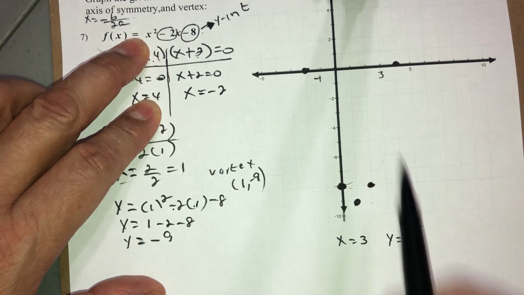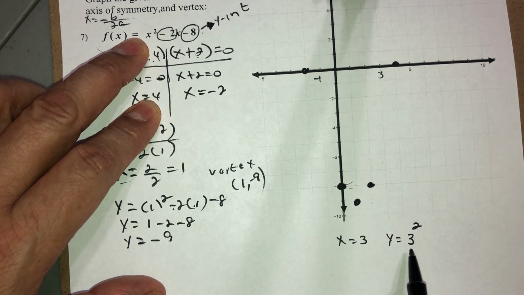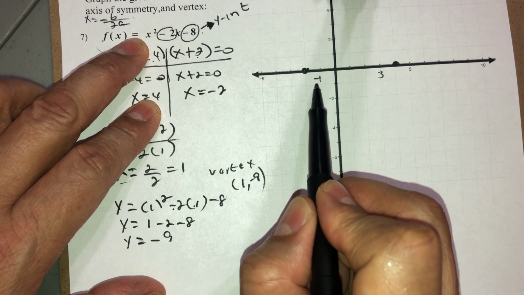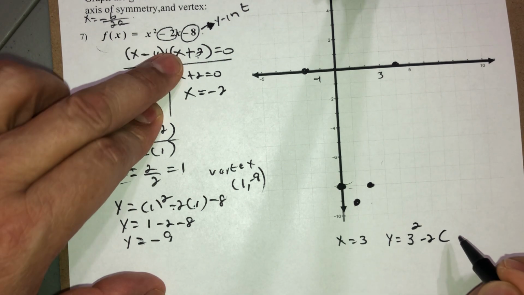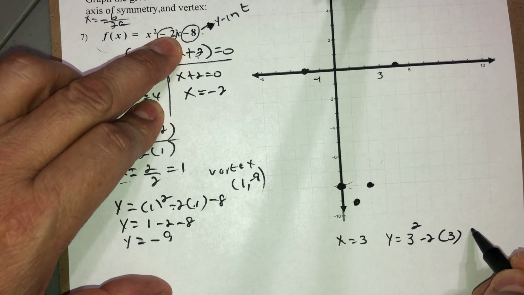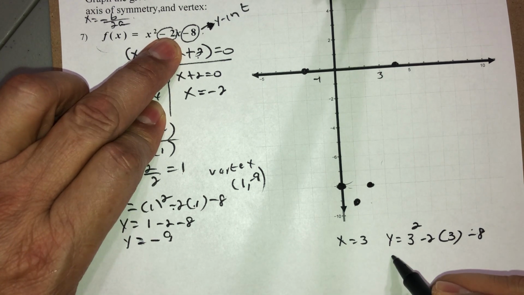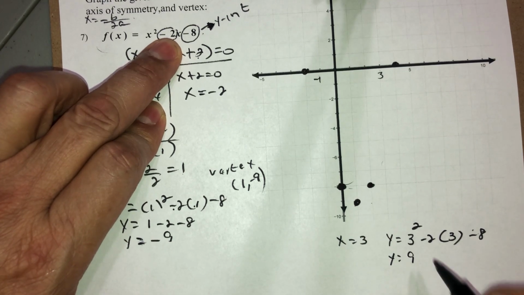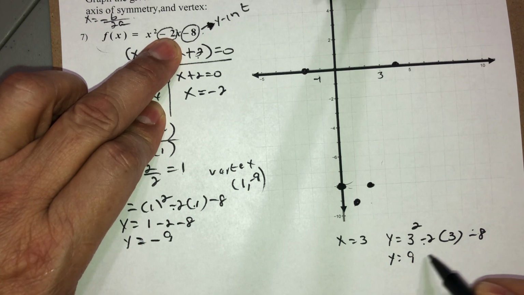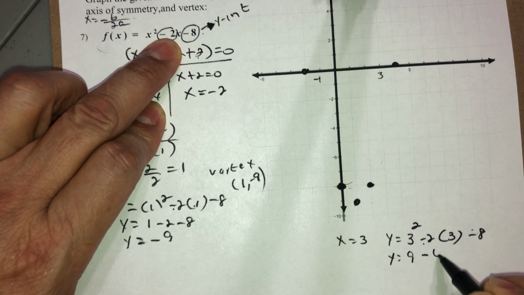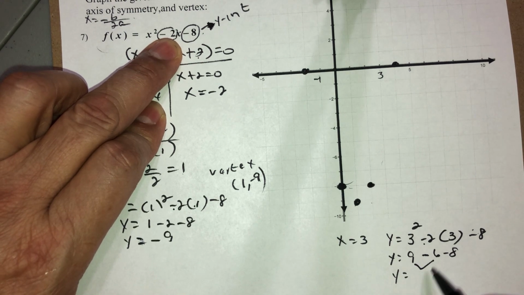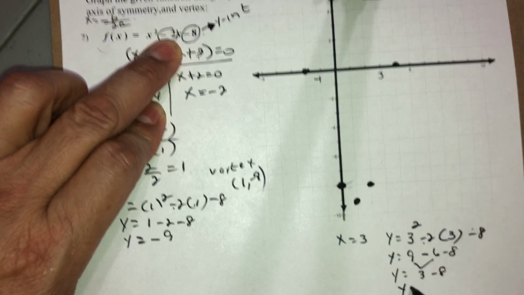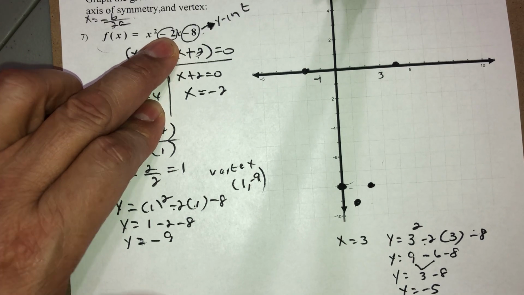Because the 3 is positive, I don't have to put it in parentheses, but if we were to use negative 1, you would put it in parentheses. Minus 2 times x, which is 3, minus 8. 3 squared is 9. Negative 2 times 3 is negative 6, minus 8. 9 minus 6 is 3, and 3 minus 8 is negative 5.